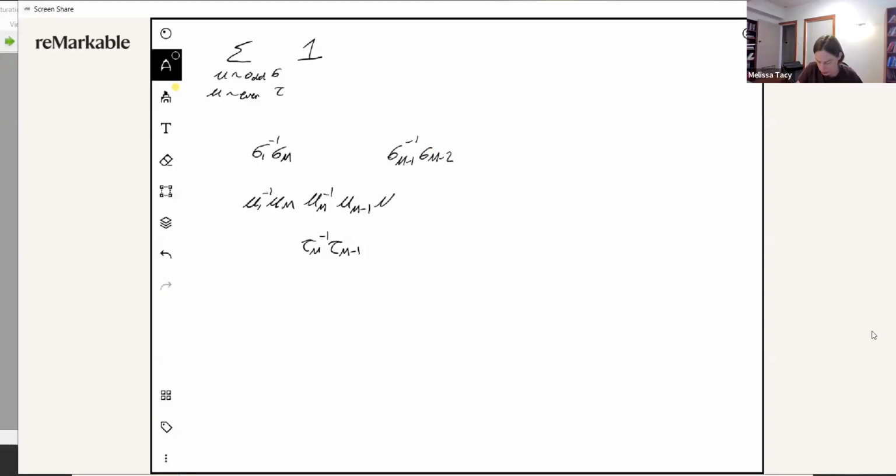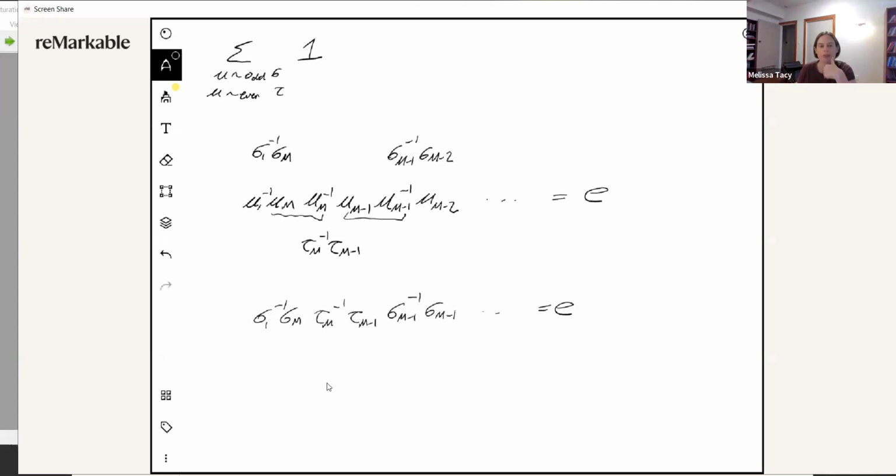Well, this has to be equal to mu m minus 1 inverse mu m minus 2. Okay, and so you can see where this is going. So that's the identity. I keep going, and this thing has to be equal to the identity. So then if I just slot them together, I'd have that sigma 1 inverse sigma m times tau m inverse tau m minus 1. Then I slot out my next one, it's 1, so this is also equal to the identity. So that's where the necessary condition comes from.